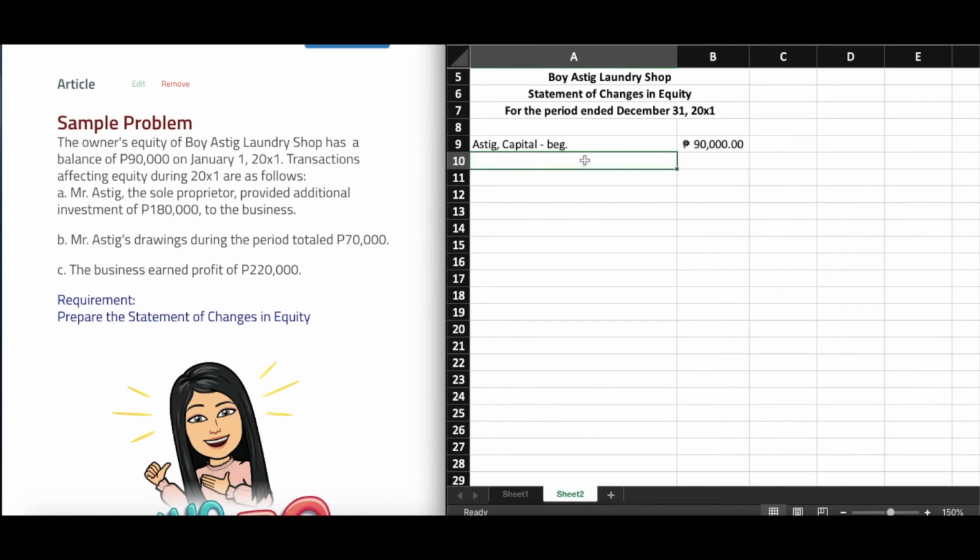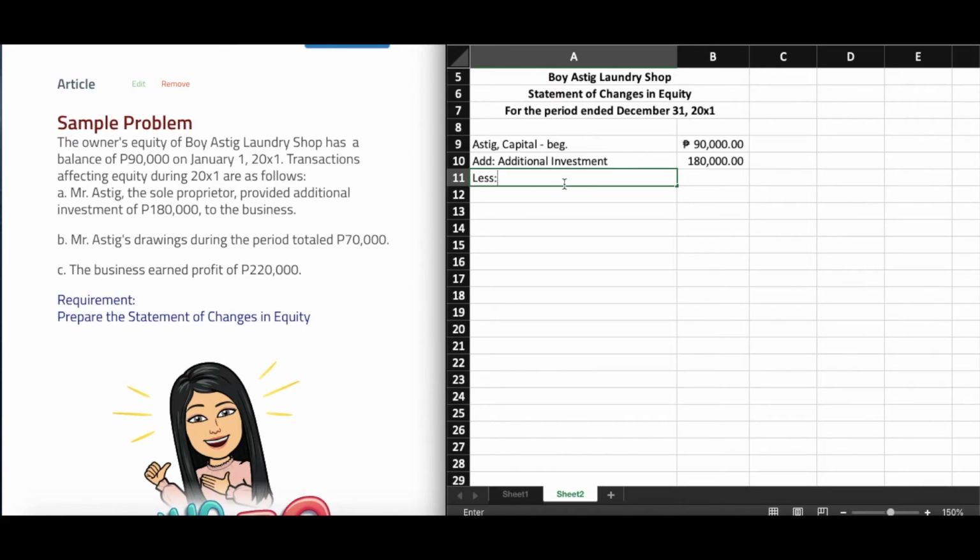Don't forget to write your peso sign. And then we'll add the additional investment from letter A, which is 180,000.